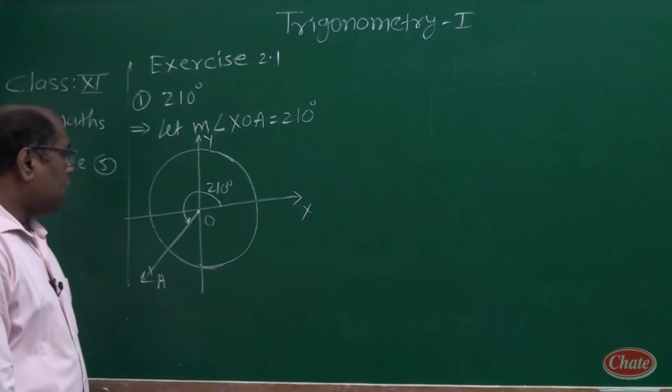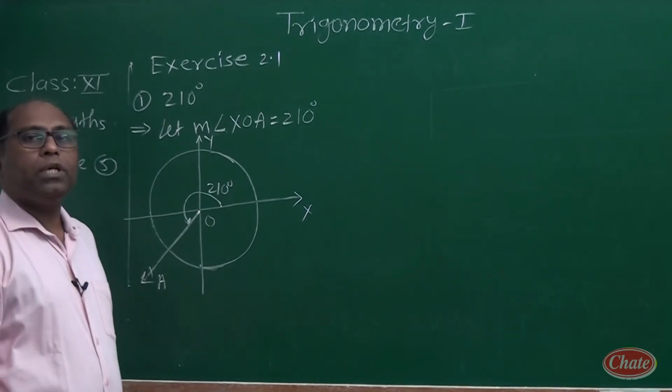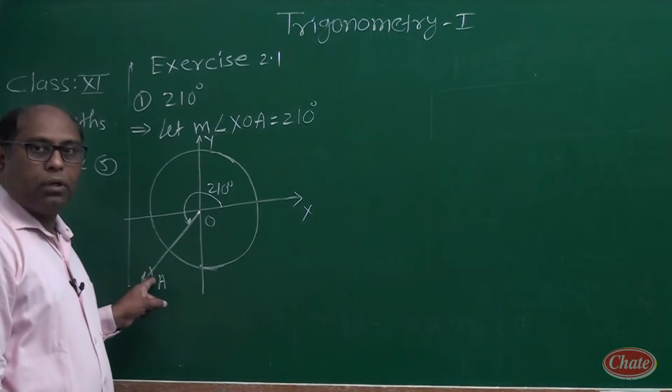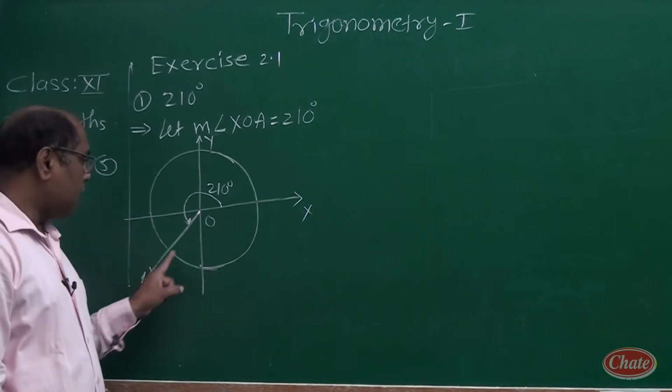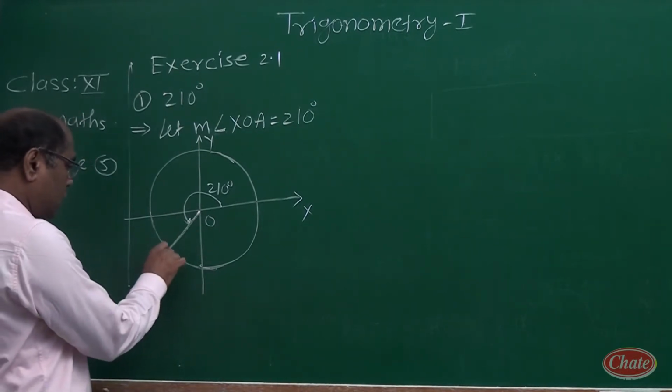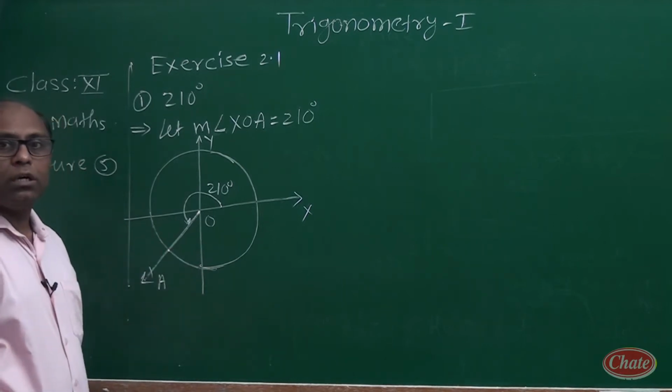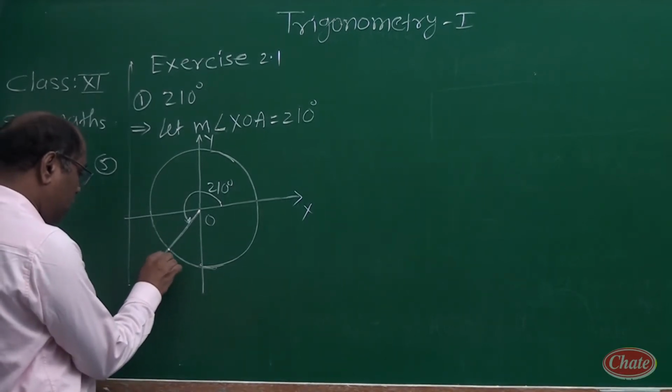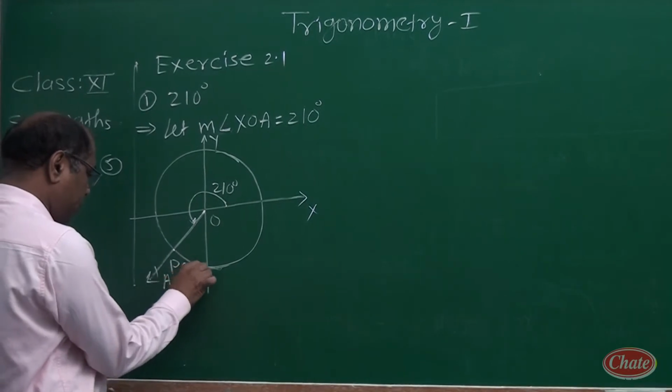Now let the terminal arm of this angle, that is OA, intersect the standard unit circle at the point P(x, y).